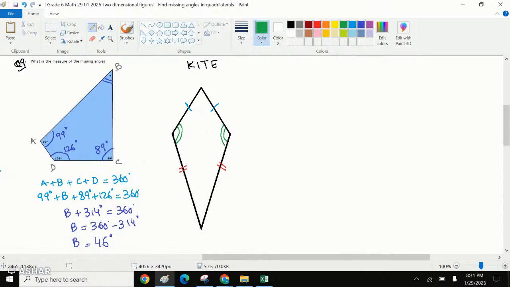These two angles would always be the same. Then the other two angles should also be the same, right? So this angle and this angle should be the same. Agreed?